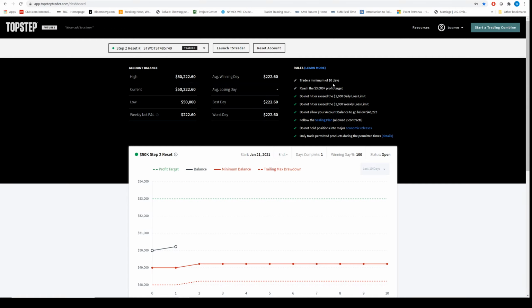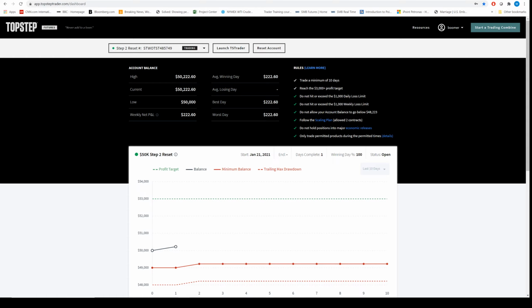These are the rules. $3,000 profit target to complete step 2, after which I will be funded and don't pay anything anymore. This is $165, I think, per month for this combine.